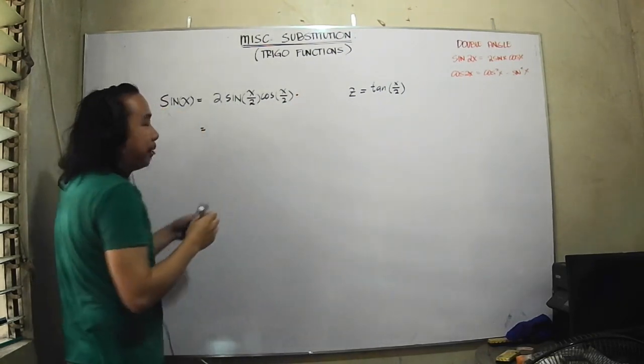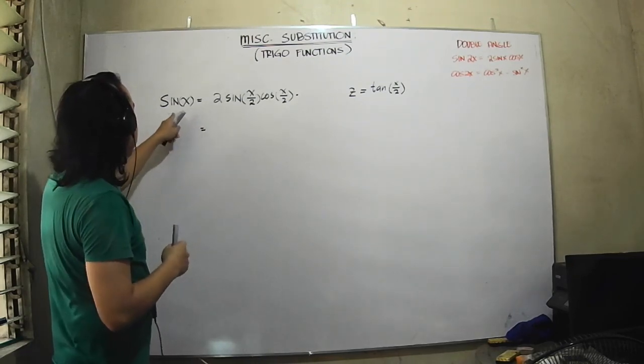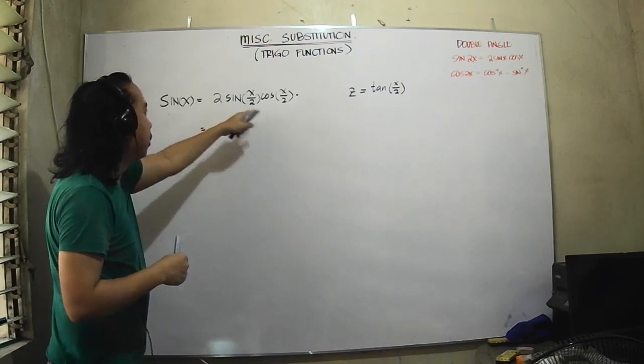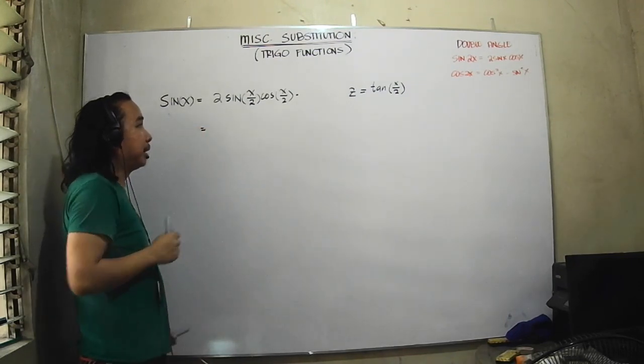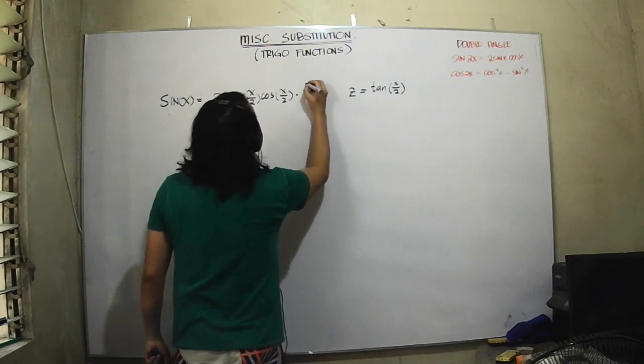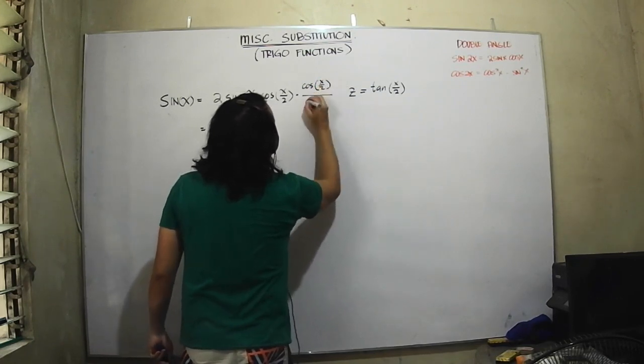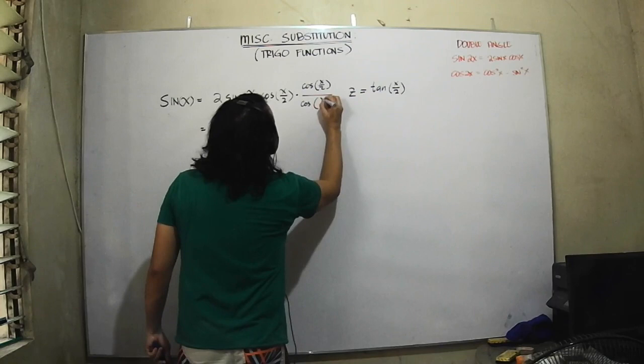I can manipulate it. We have sine x, and I want to express everything in terms of tangent. I'll multiply by cosine x over 2, and also divide by cosine x over 2.